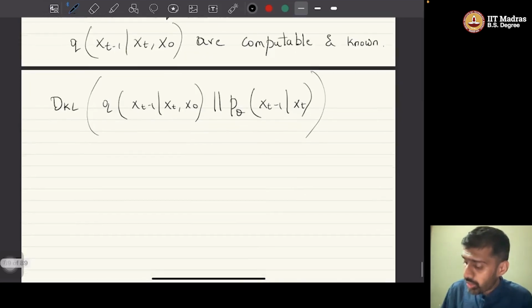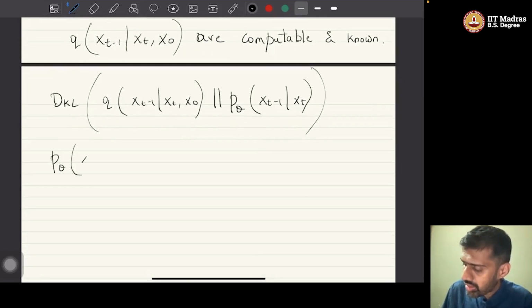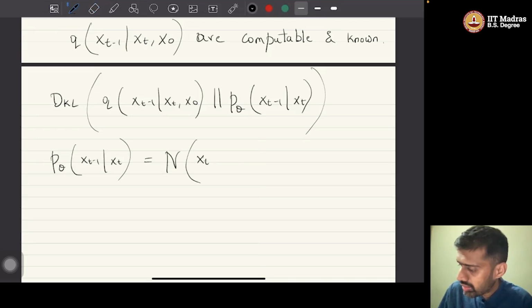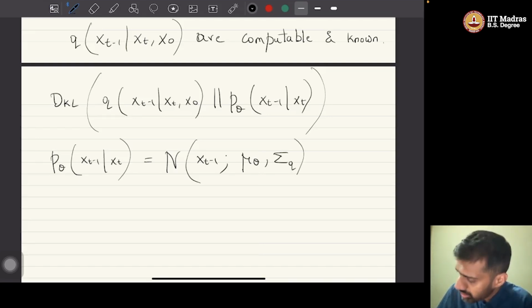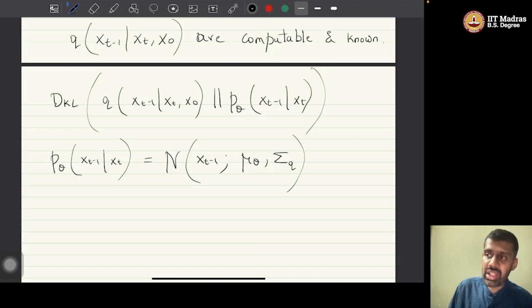We also know that p theta of xt minus 1 given xt we have modeled as a Gaussian distribution, because we assume that this is also a Markov chain with Gaussian transitions with the mean and the variance computable, right? This we called mu theta, and the variance. In fact, in practice only the mean is computed, and the variance is kept constant, the same as that of q, so that only the mean is computed. This is a design choice that is made in practice.